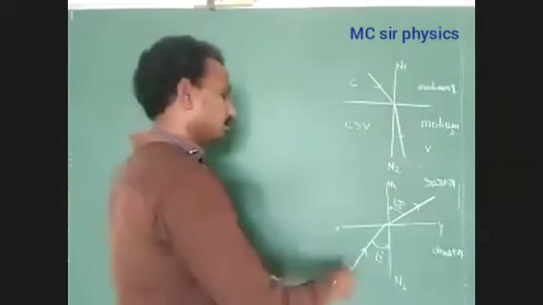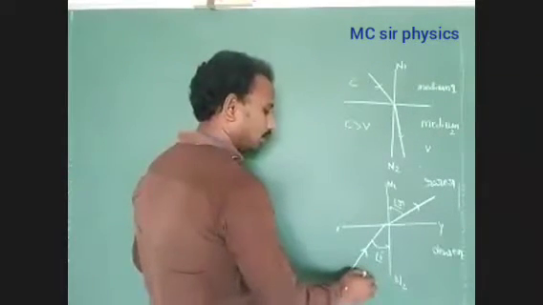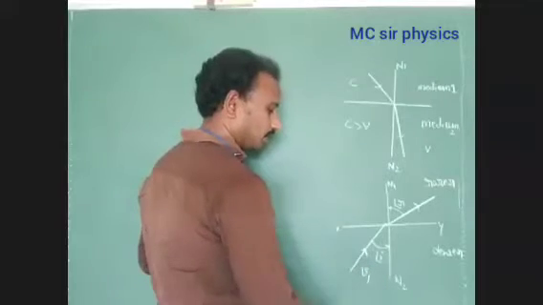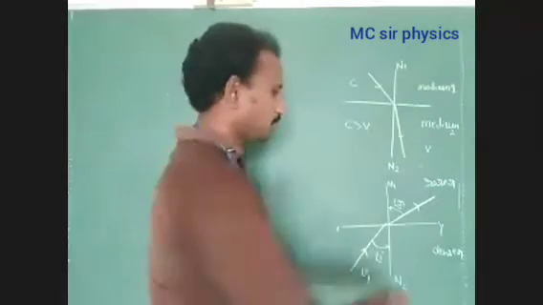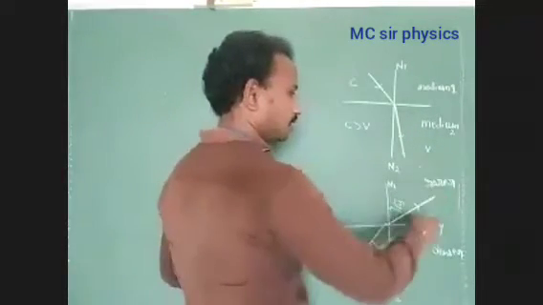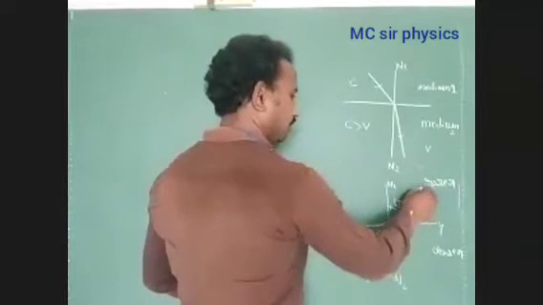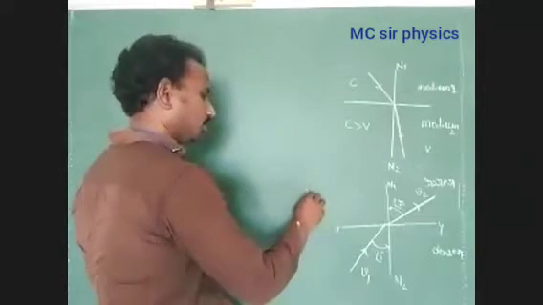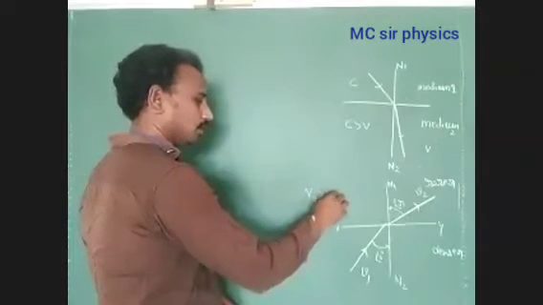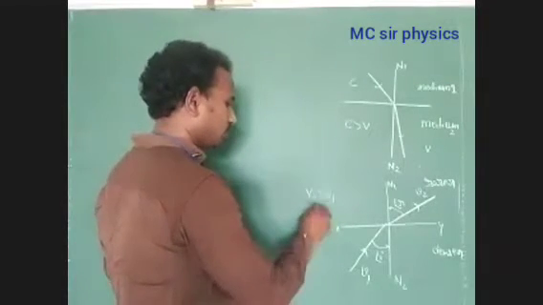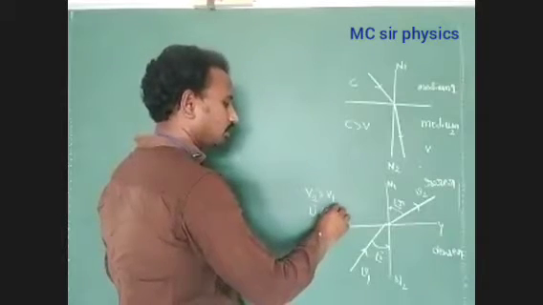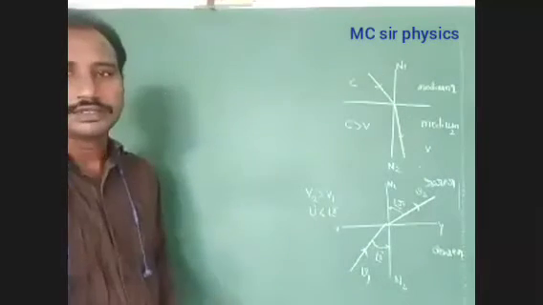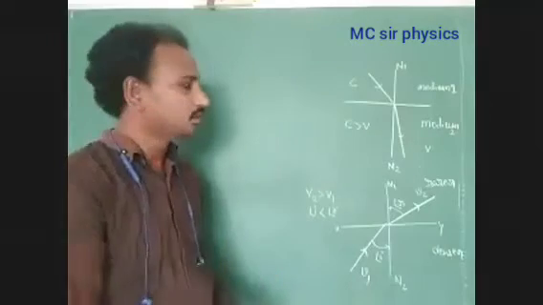Here we consider the speed of light in the water medium, V1, and the speed of light in the rarer medium, air, V2. Here V2 is greater than V1. Angle of incidence is less than angle of refraction.